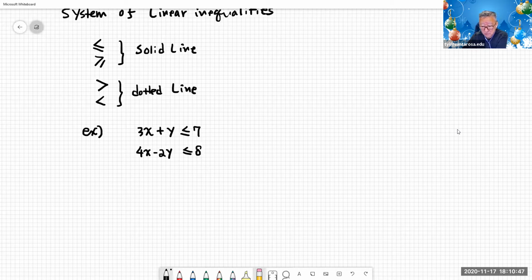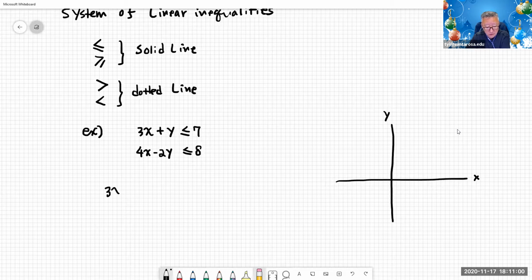So I'm just going to draw the xy graph over here. Then we're going to come back and draw the line here. So let's just look at the 3x plus y. I'm going to make it an equation for a minute. Then I'm going to find the x-intercept. Then I'm going to find the y-intercept so I can draw the line.